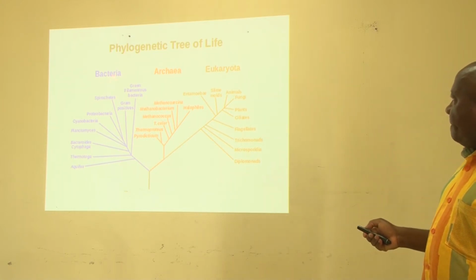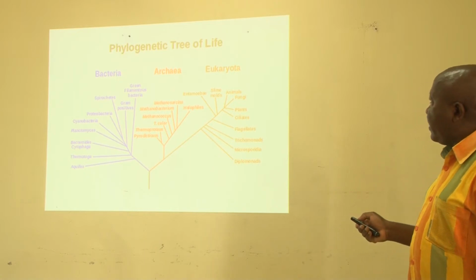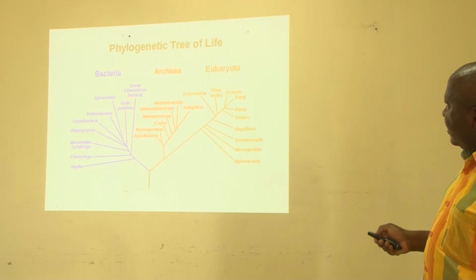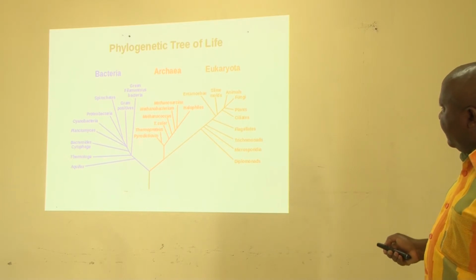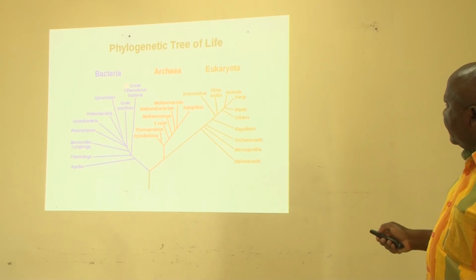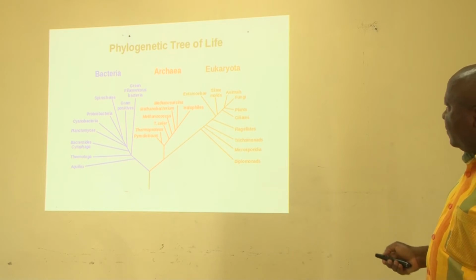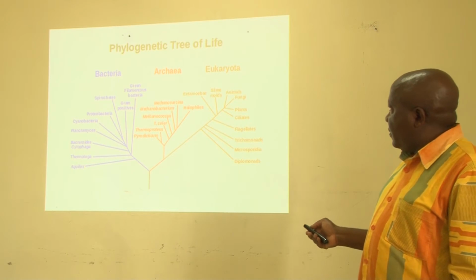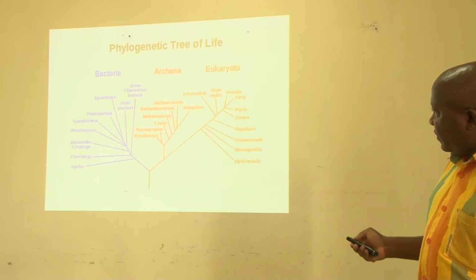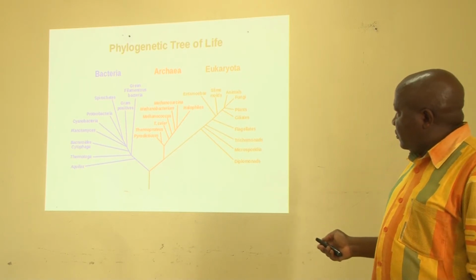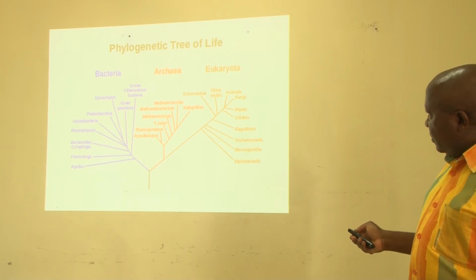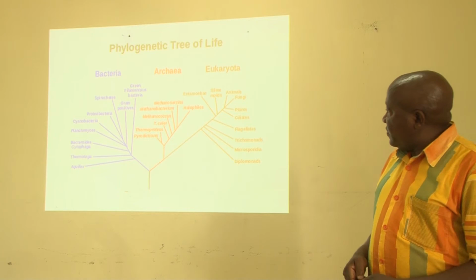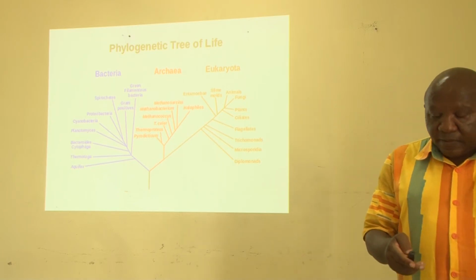We have the bacteria, archaea, and the eukaryota, and you can appreciate these divergences among the tree of life. In order to appreciate more about this diagram, you should read textbooks and other materials in order to expand your knowledge in this area.